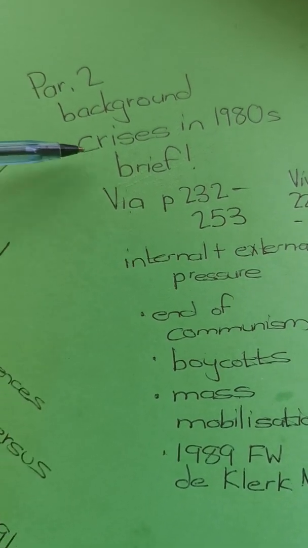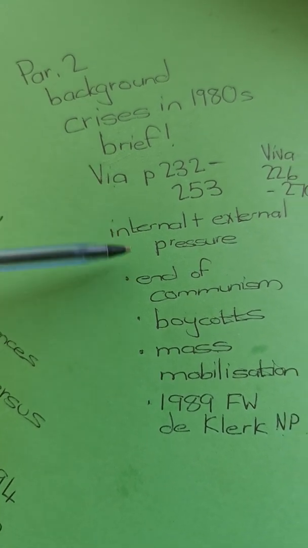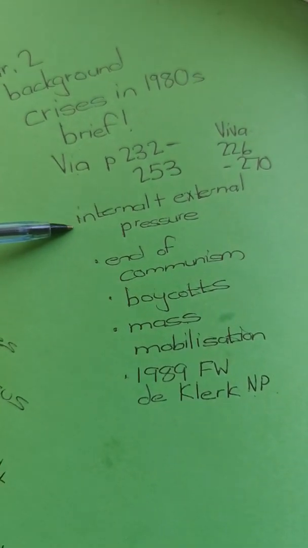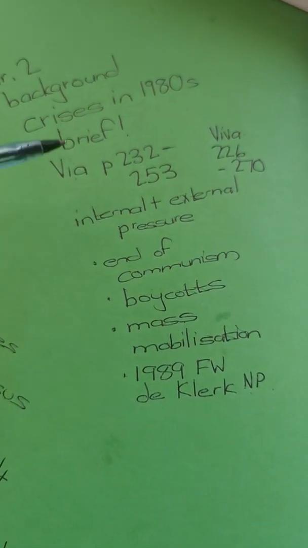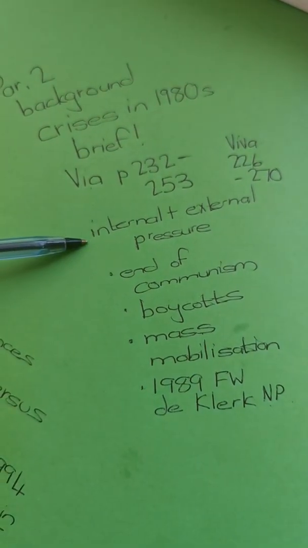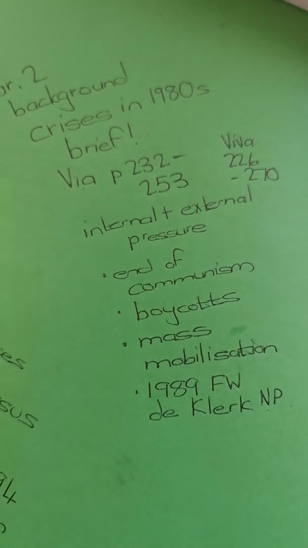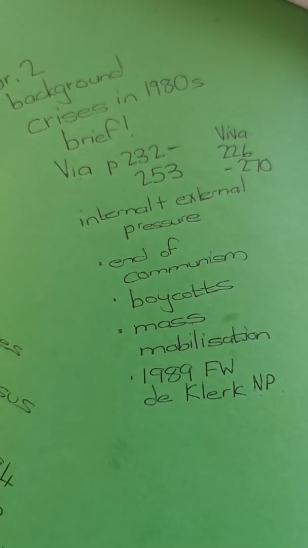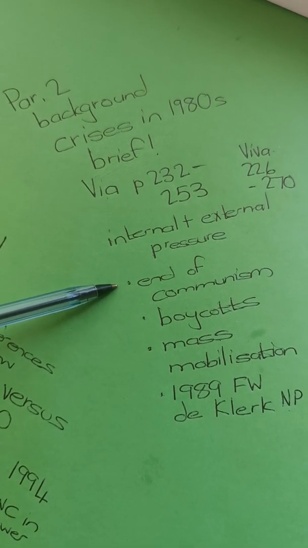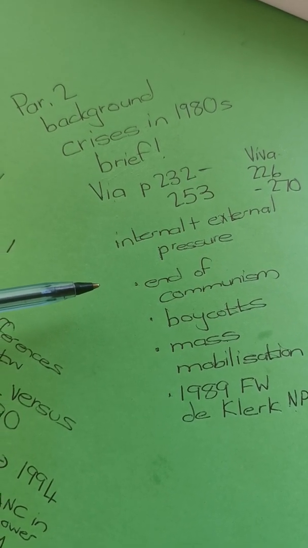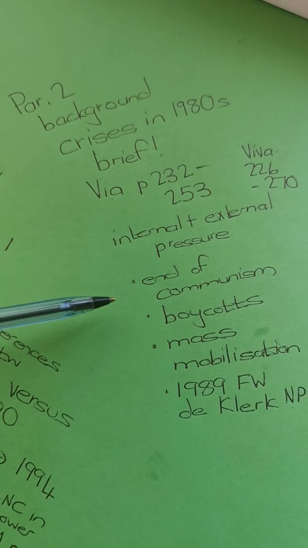Now, I did cover this in class, but what you should look out for is to just very, very briefly, and you're looking at maybe 5 sentences here, show that there was internal and external pressure. So mention things like communism had come to the end. So the Berlin Wall came down. The Berlin Wall came down in 1989.